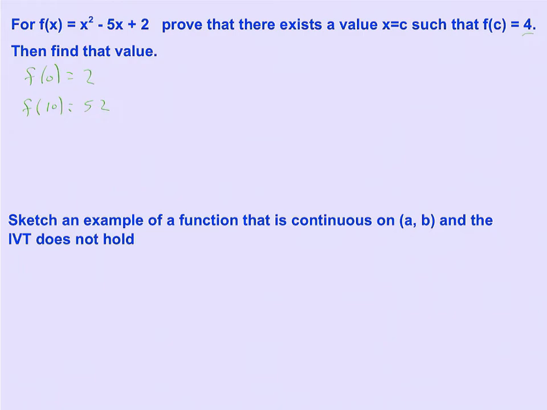So we can say that because we have a function that goes through the point 0, 2, and 10, 52, I don't really care that my drawing's not to scale here, there must be some x value where the function passes through 4.